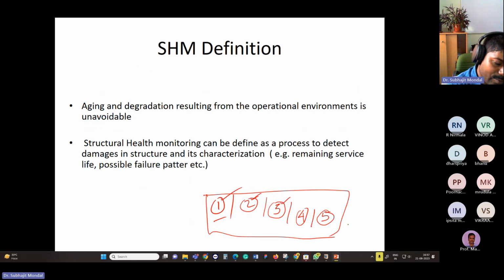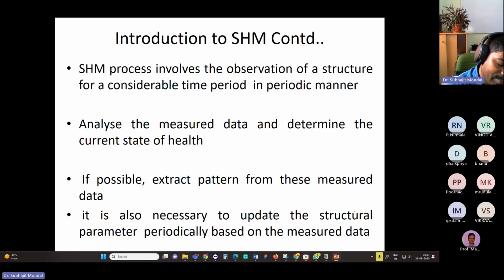Now, with research and development, nowadays we are measuring some response. The response can be time domain data or frequency domain data. We measure the data in a periodic manner, meaning at certain intervals of time we measure time data or frequency data.